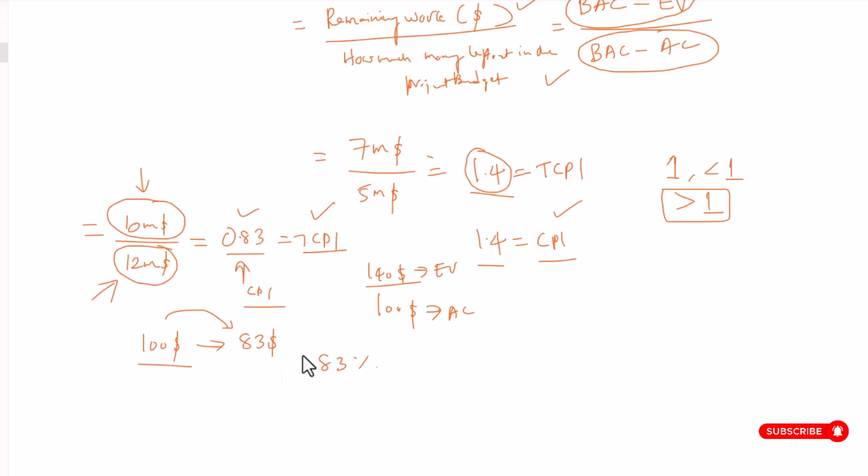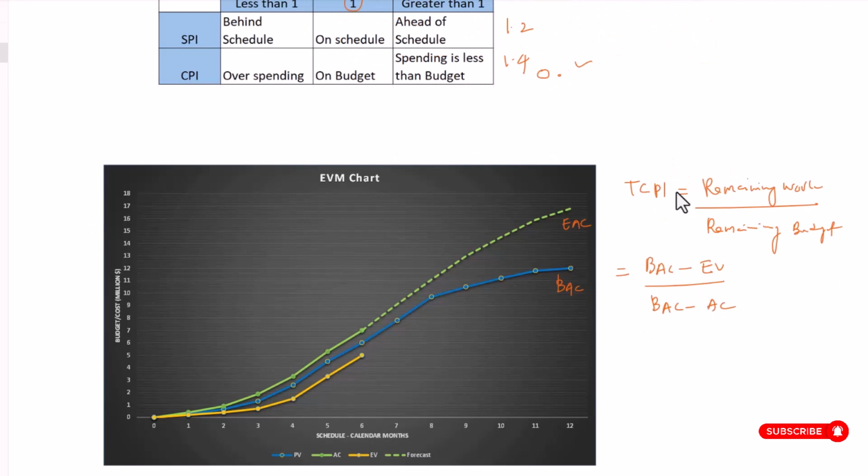Let's talk about it. We know that this is the formula for calculating TCPI. And if you look at this formula, in the denominator, we calculate the remaining budget by subtracting the actual cost from the budget at completion. We have a what-if situation.